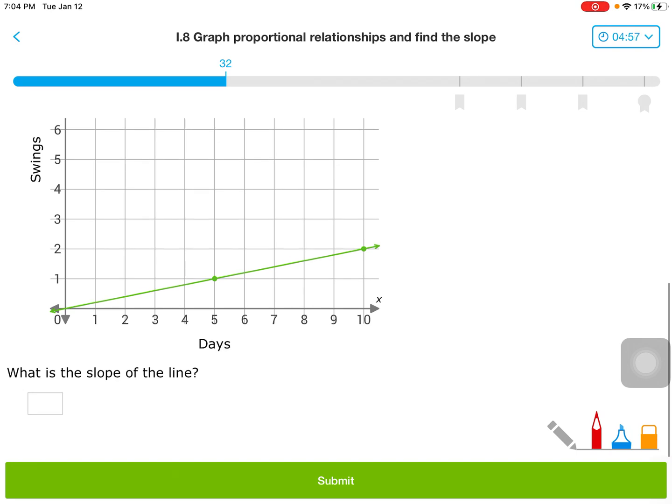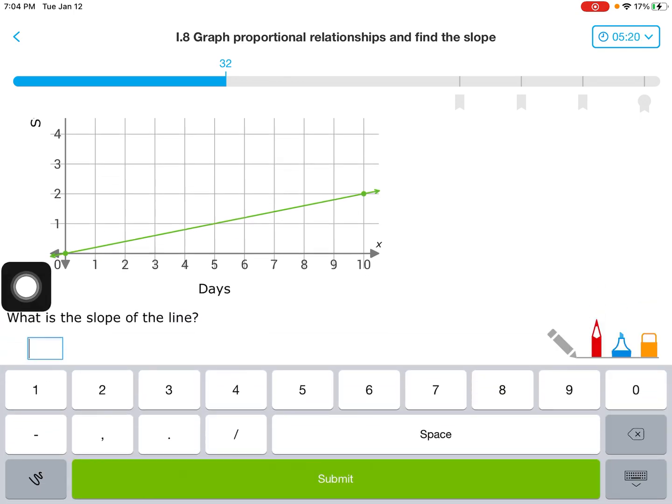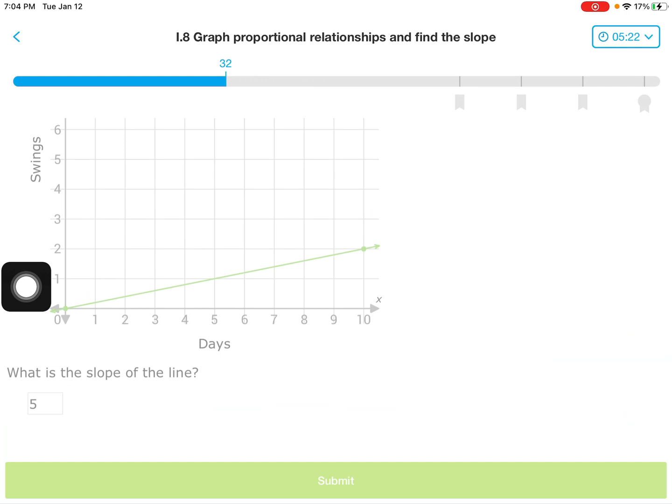So when I'm looking at the slope of the line, if I looked at 1 swing being completed, and now it's over here on this space, if I went up 1 here and then over, I stop at 5. So the slope, I believe, is 5.